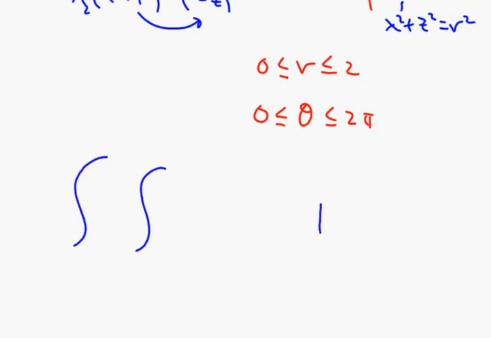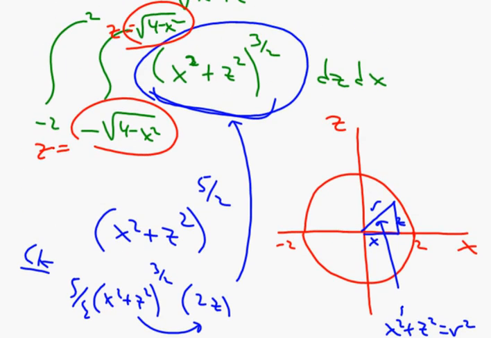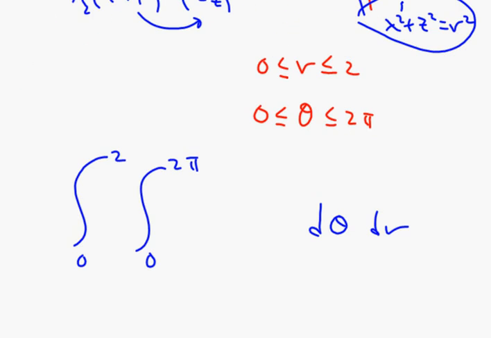I'm going to do d theta first, dr second. So from 0 to 2 pi, from 0 to 2, and based on this fact right here, I can rewrite this to be r squared to the 3/2. And then don't forget, you need a correction factor when you convert to polar coordinates, of r.